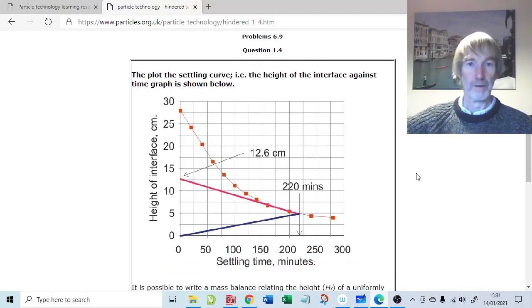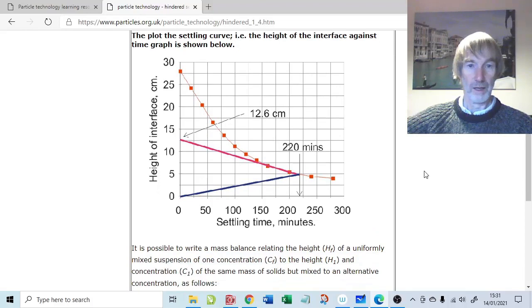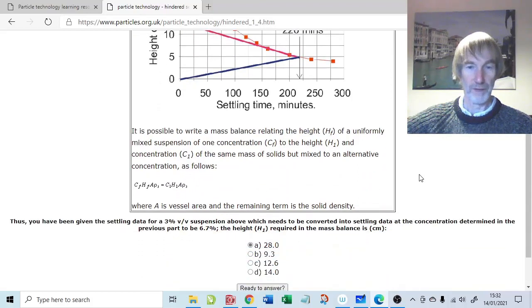Okay, so here is our settling curve plotted out. Here is our characteristic that we've just been talking about. This would be the characteristic which is at a particular concentration that we've yet to calculate out, because what we have here is a material balance.